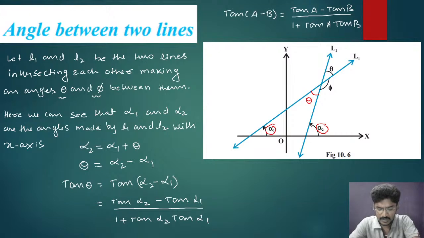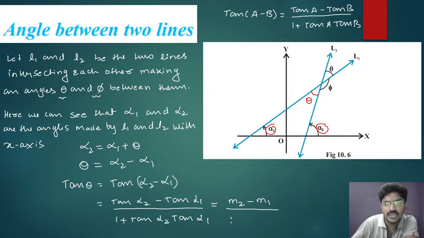Okay. So now I got tan theta equal to tan alpha 2 minus tan alpha 1 divided by 1 plus tan alpha 2 into tan alpha 1. Very good. So now you can see that tan alpha 2 is nothing but your slope 2, that is m2, and tan alpha 1 is your slope 1, m1.